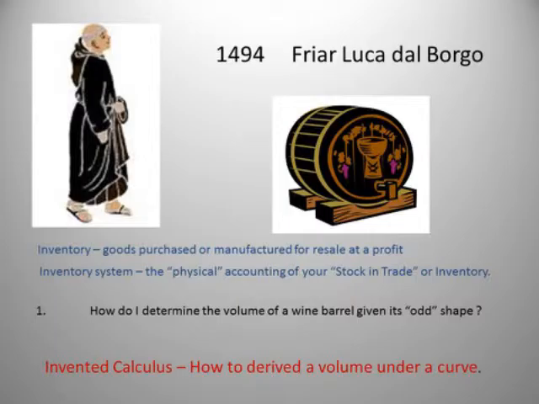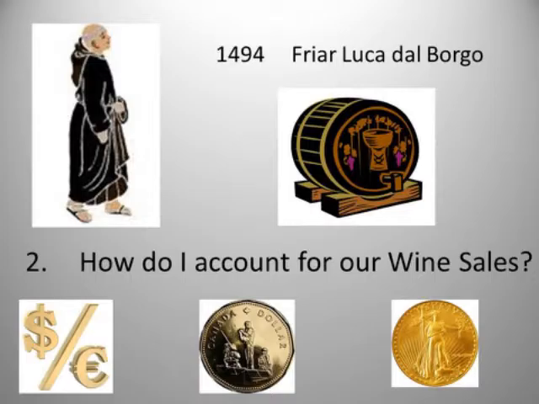What he had created is what we would call today an inventory system. That is, he was able to account for his wine by volume of sales, but his other problem was, how do you account for the wine sales in dollar terms, what today we know as financial accounting?